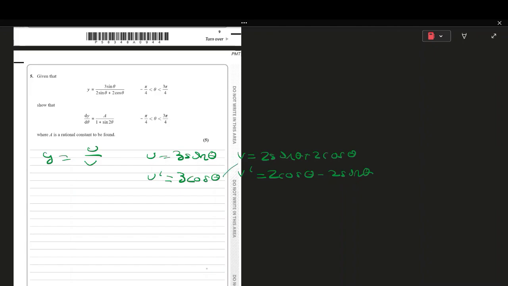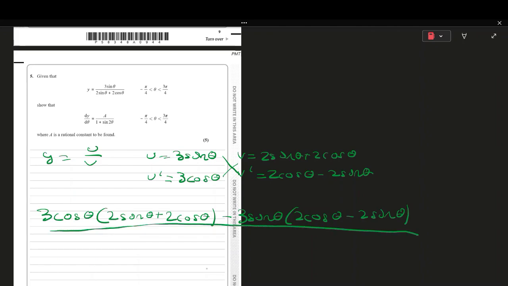So, we put them together and we'll get 3 cos theta times (2 sine theta plus 2 cos theta), minus 3 sine theta times (2 cos theta minus 2 sine theta), over v squared, which is (2 sine theta plus 2 cos theta) all squared.